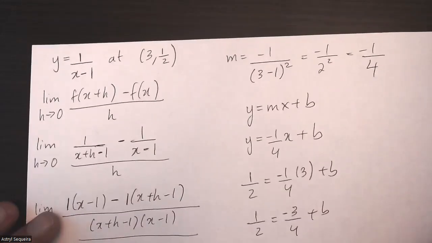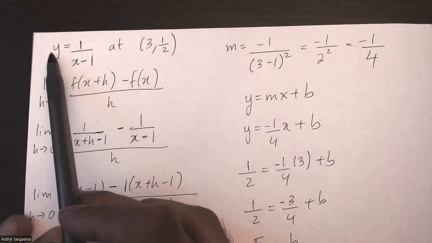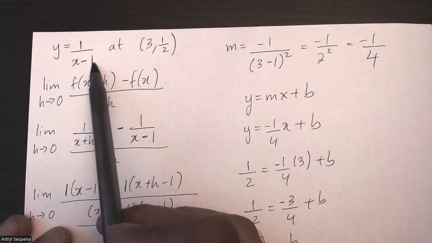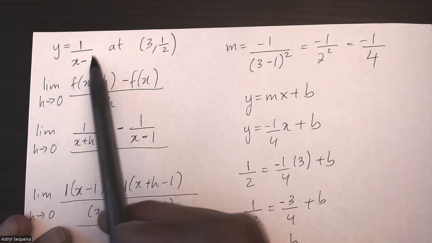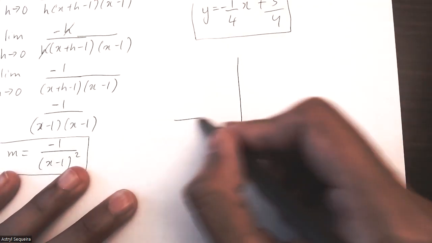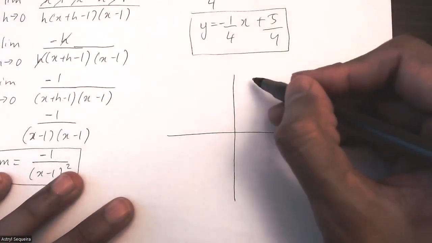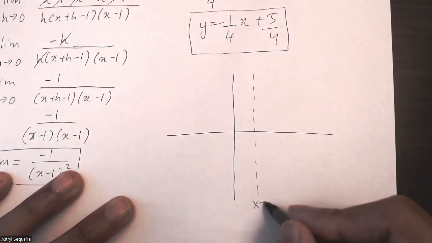And now I'm going to do a quick sketch of this entire situation to explain what's going on. So we have this equation y equals 1 over x minus 1. This is just a reciprocal function that has been shifted to the right by 1 unit. You should know how to draw this out. Pretty easy function with transformations. So my vertical asymptote is now at x equals 1.